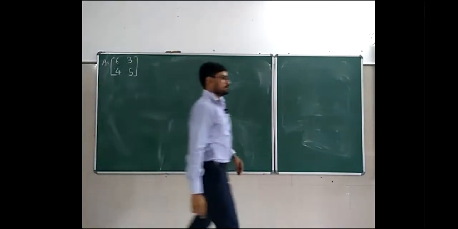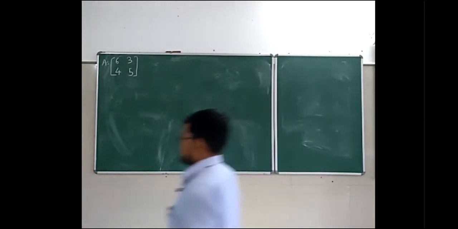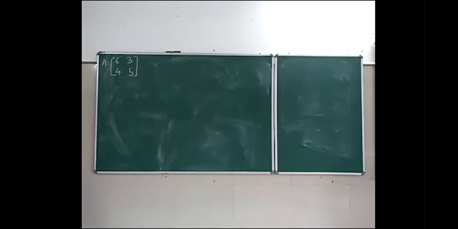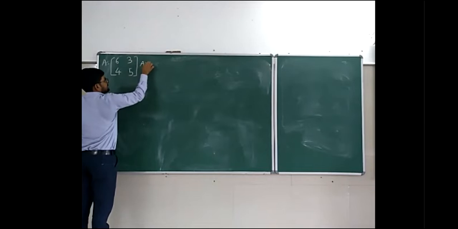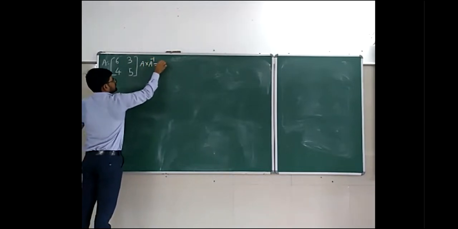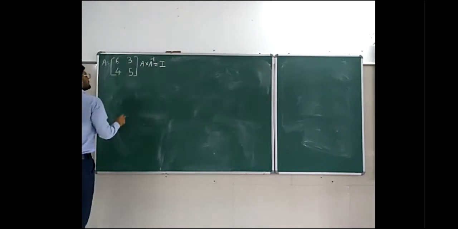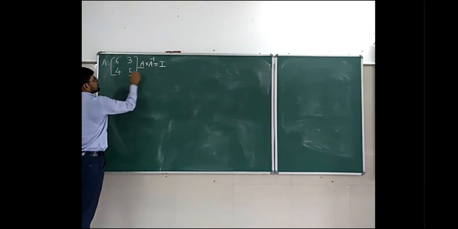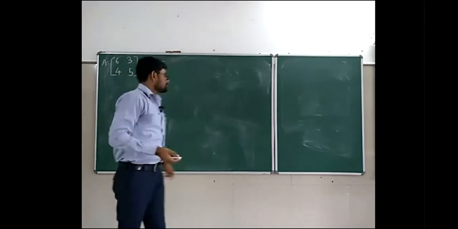Let me check first whether it is 6, 3, 4, 5 or not. Yes, it is 6, 3, 4, 5. Now what you have to show? A into A inverse equals the identity matrix or not. Now first A is there, but we do not have A inverse. So first we'll find A inverse.